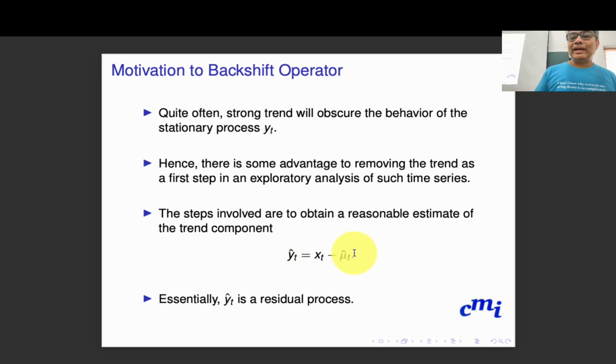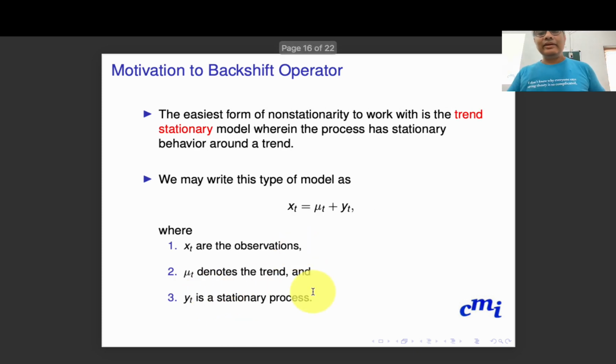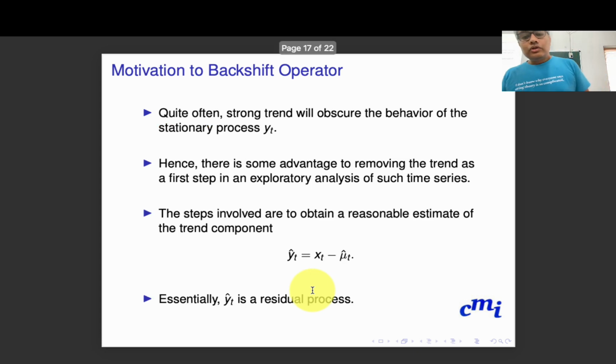Now you subtract xt minus mu t hat. What you get is yt hat. yt hat is your stationary process. Now you can do the analysis on the yt process.